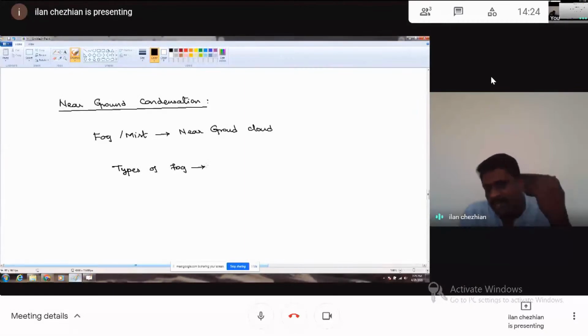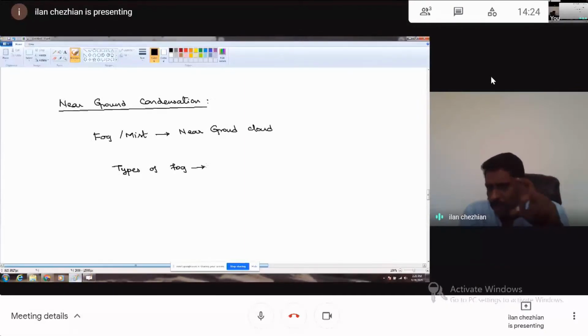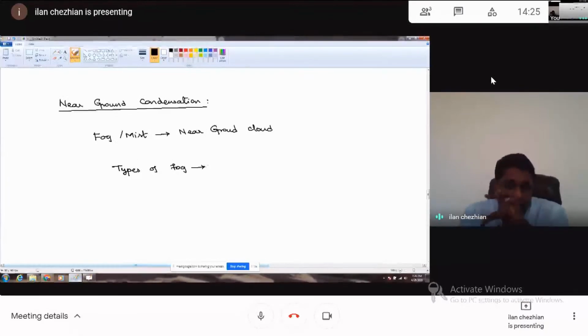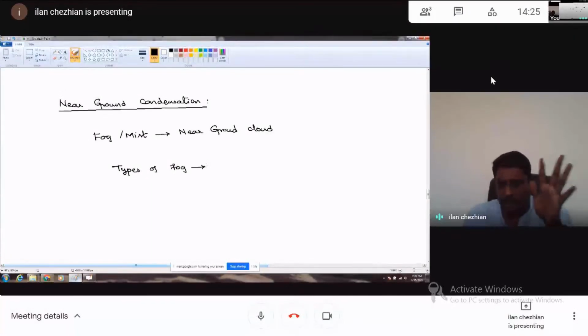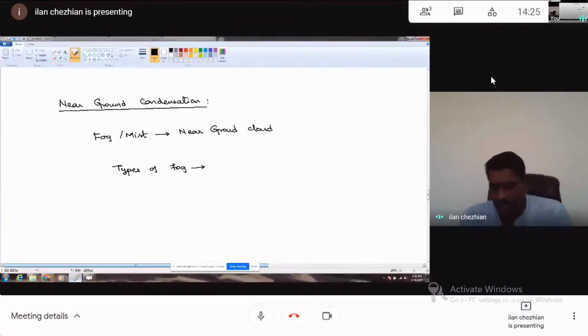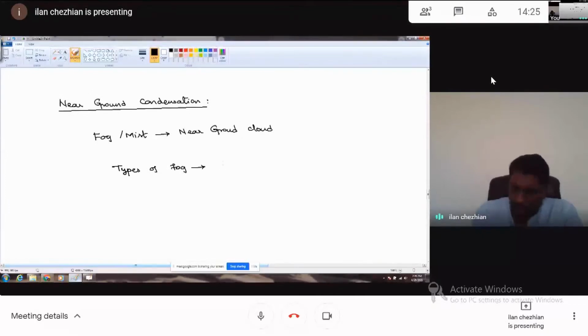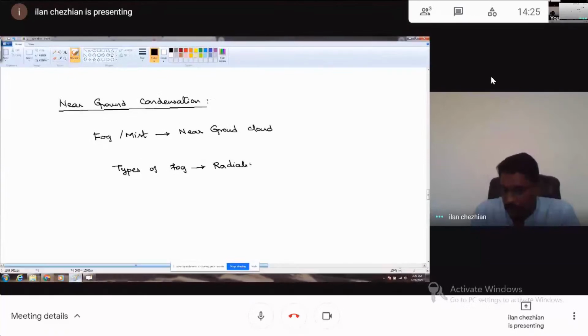Normally, NCERT has given 4 types of fog, but I will bring only 3 types. NCERT has also given a type called precipitational fog. I am leaving that out and bringing only the major fogs. Number 1, radiational fog. So what is this radiational fog?